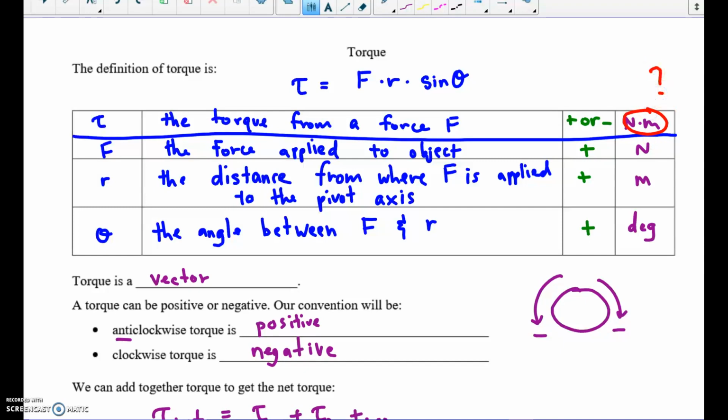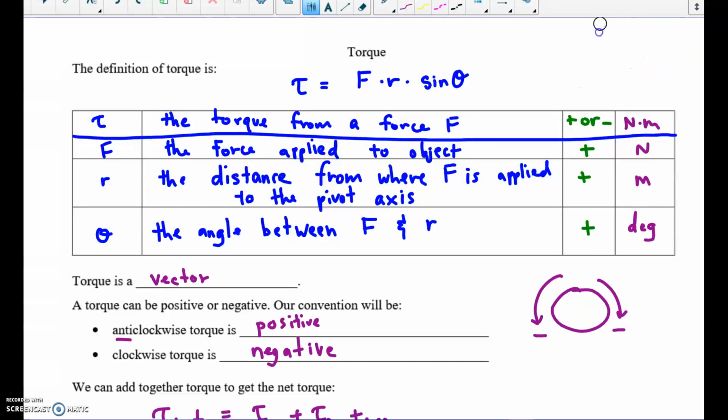The answer is no, we don't write it as a joule. We actually leave it as a Newton meter because we don't want to confuse that for any unit of work. We're saying torque and work are very, very different things. Even though they might technically have the same unit, we are going to call the unit Newton meter for torque and joules for work. So it can get a little tricky, but there are differences.